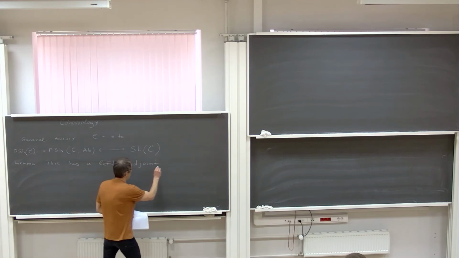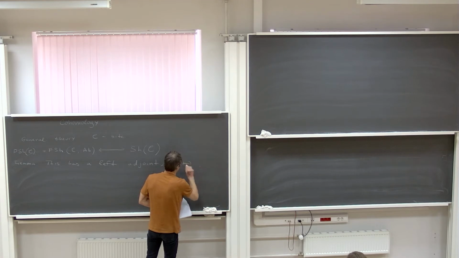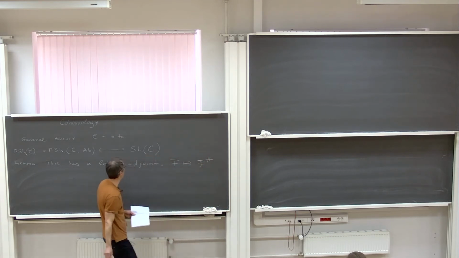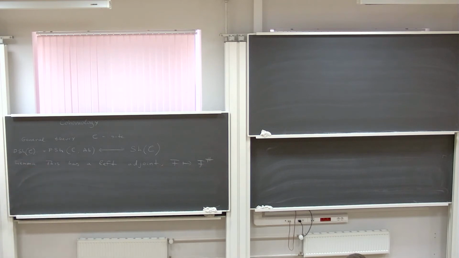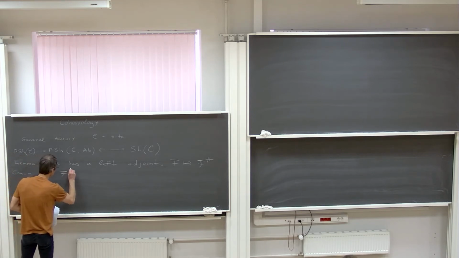So F goes to F sharp. That will be the name for the sheafification. So let me explain a construction of the adjoint functor, sheafification. So construction of F sharp.